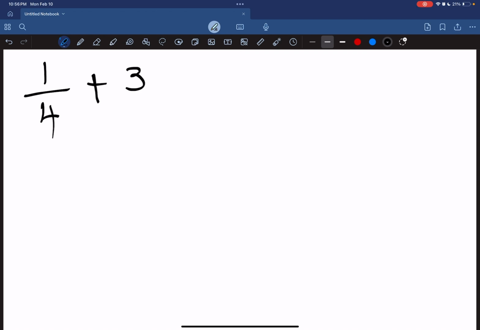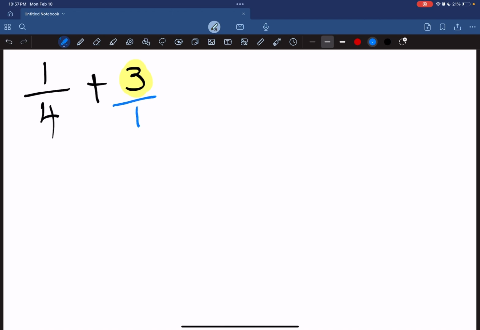Many persons will see this and panic and wonder what to do. Every whole number can be represented as a fraction. How can we represent a whole number as a fraction? All we need to do is put it over 1.